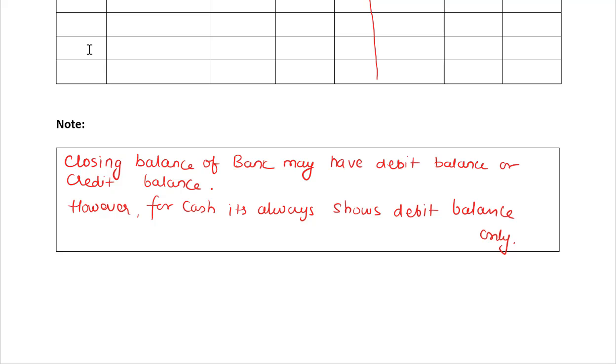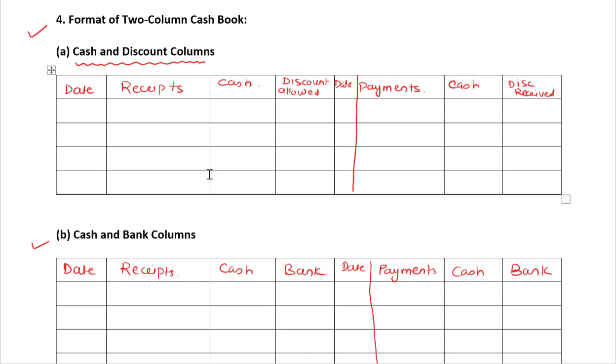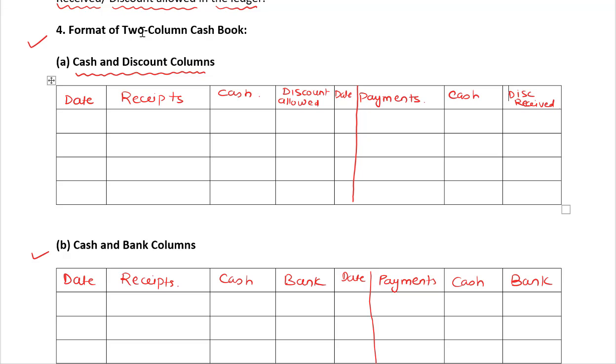Okay, students, over here in format of two column cash book, just look at over here. We have these columns, that is date, receipts, cash, discount, date, payment, cash and discount received. So over here in receipt, first of all we'll write to balance brought down, that is the opening balance of cash.